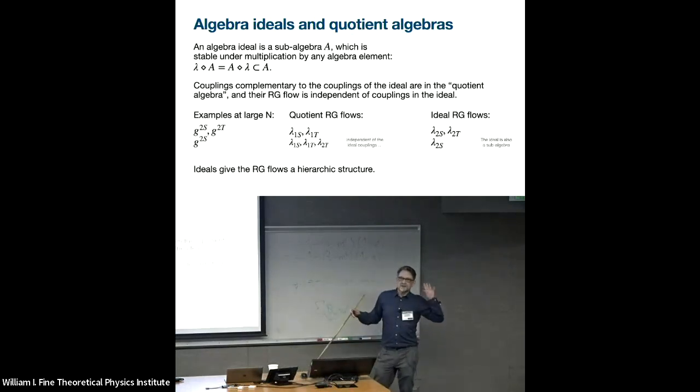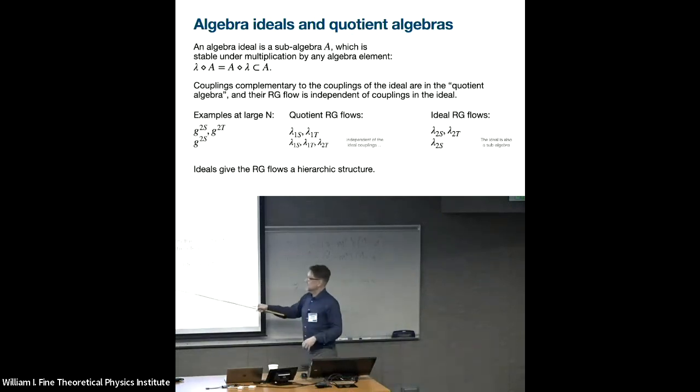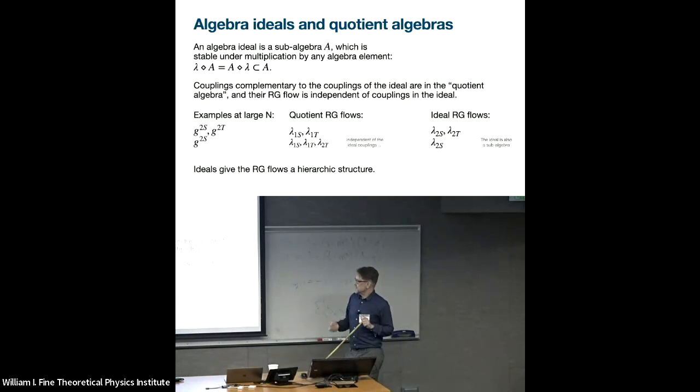It's a semi-direct product in some way. So you simplify this set of couplings to have an independent dynamical system in the renormalization group flow.